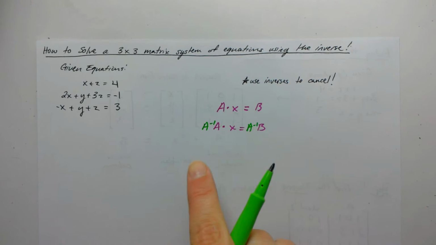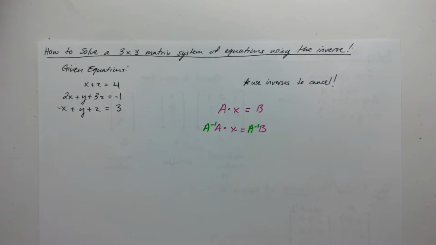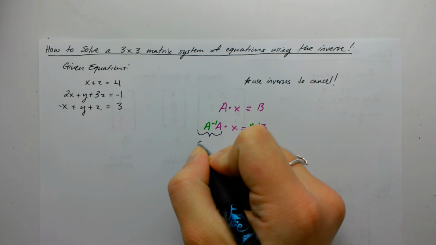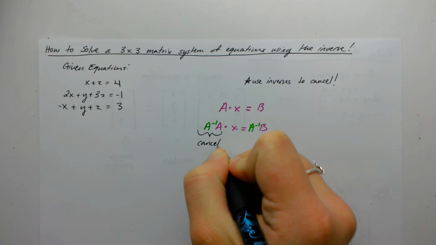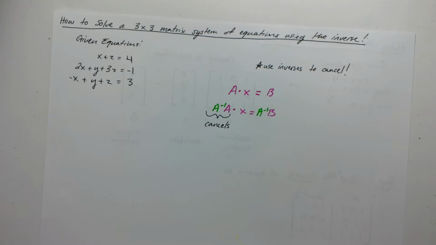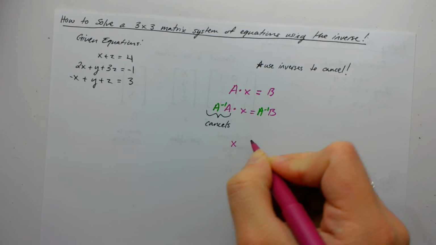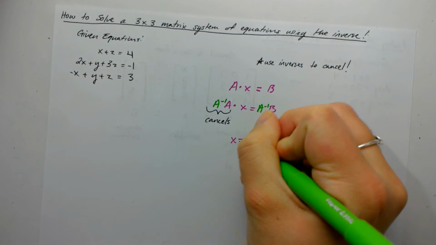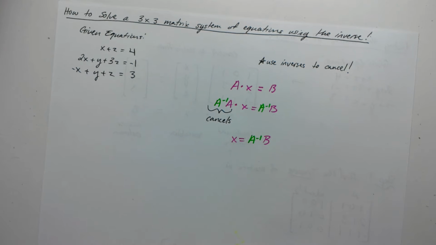So now this is your inverse of matrix A. Given this, you can already see that this cancels. So now all you are left with is X equals your inverse times your B value.